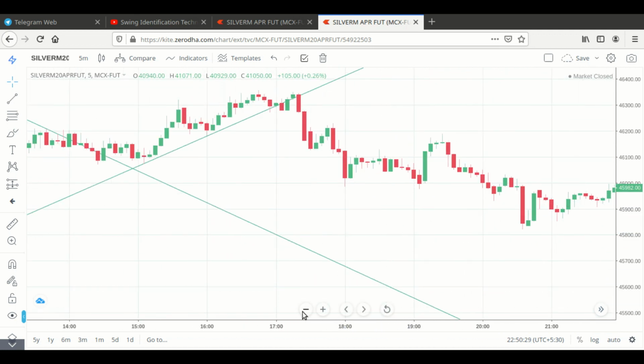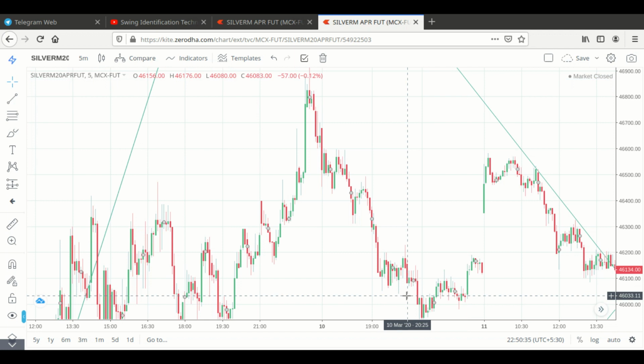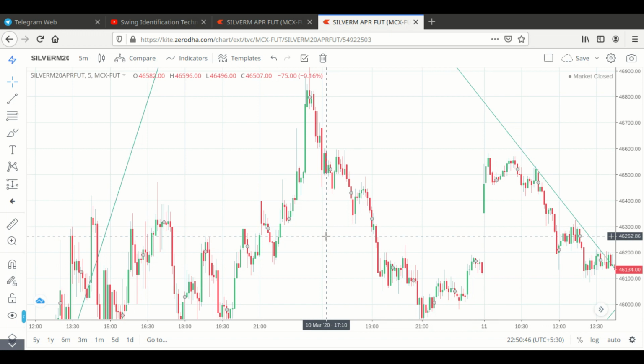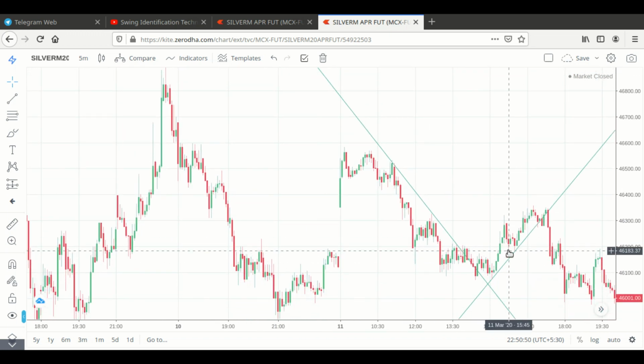Right, so I hope that all this drawn over here wouldn't be the trades that I would be actually taking, and this was just drawn for the purpose of showing how to draw trend lines in the live market for the same day only.